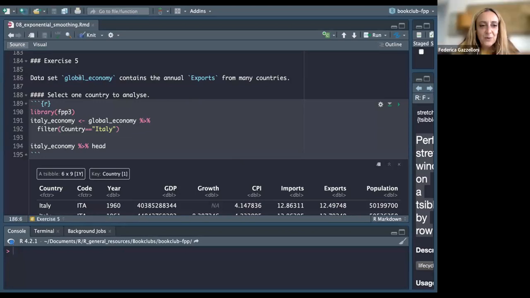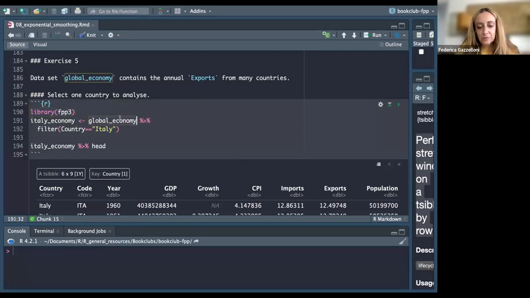Okay, so as Ricardo introduced, this exercise requires you to use the global economy dataset that you find by loading the FPP3 library.